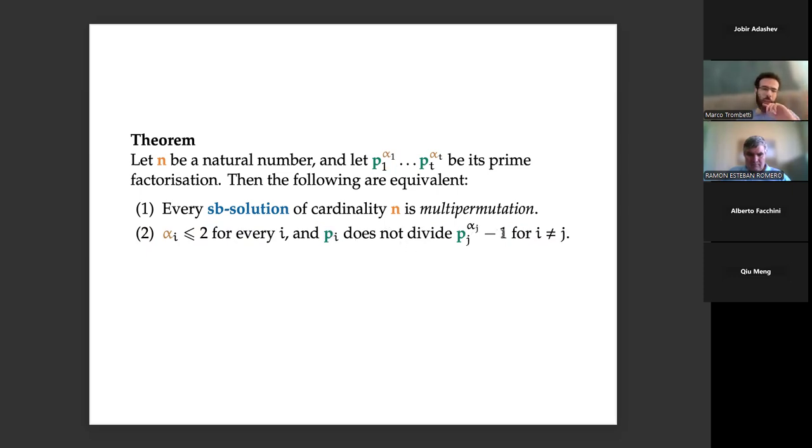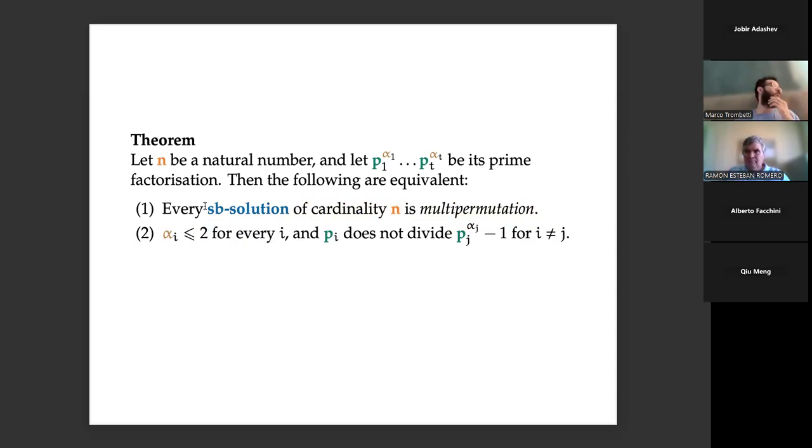But anyway, it says that pi does not divide pj to the alpha j minus 1. So any prime here cannot divide the full power of any other prime minus 1 in some terms. And this condition here is equivalent, as I spoiled to you some time ago, to the fact that every skew brace solution of that given cardinality is multipermutation.